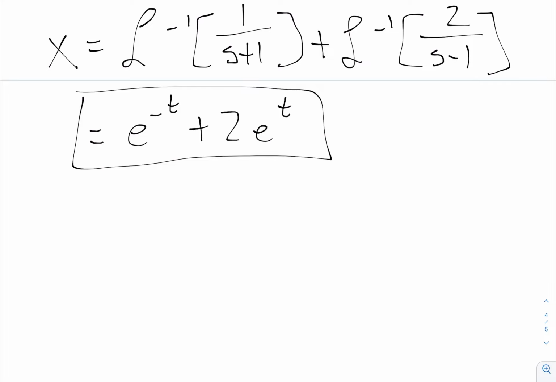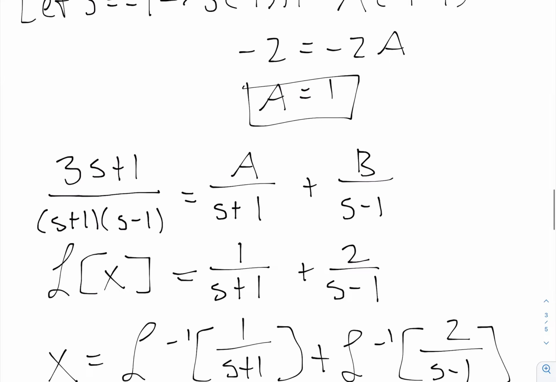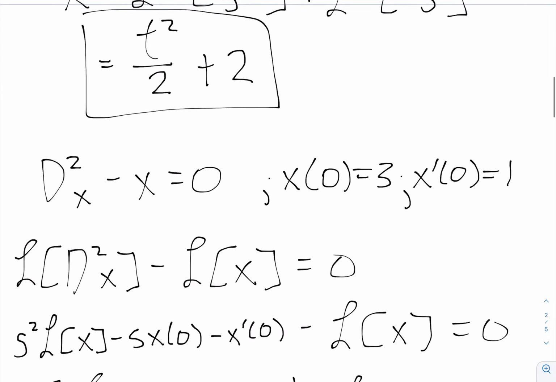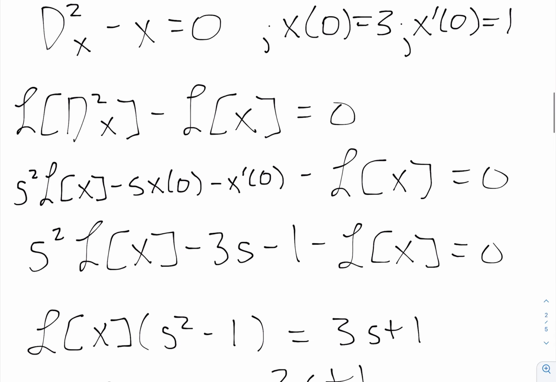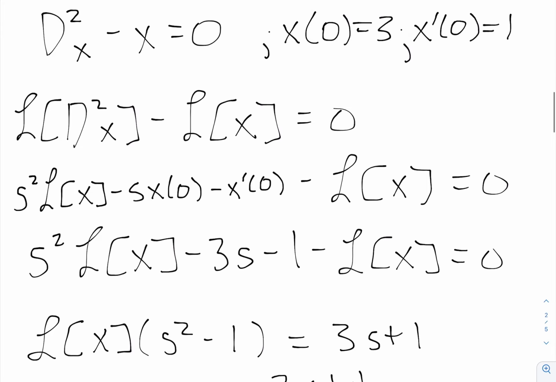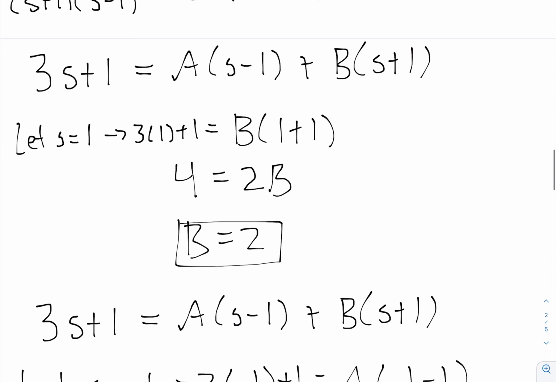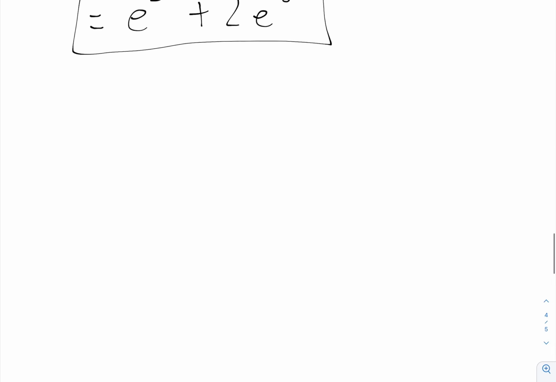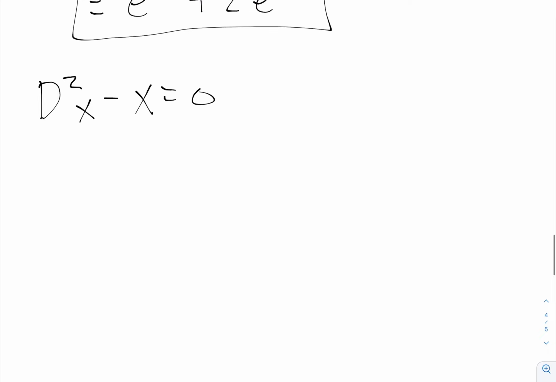And if you don't believe me, we can always check our answer by looking at the original equation and plugging in our initial conditions. First, let's make sure the second derivative minus x is equal to 0. So I'll write d squared x minus x equals 0. Remember, this is our x.